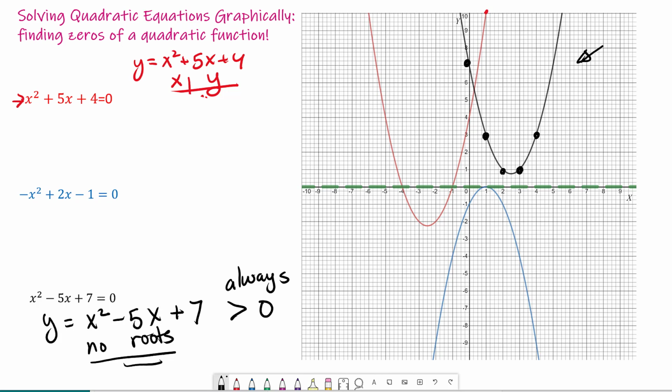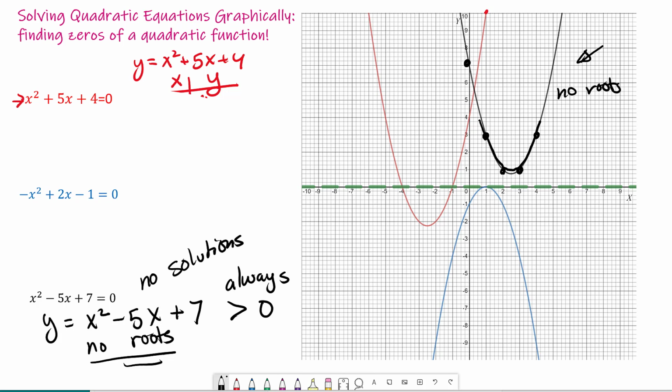And what we learn is that when we draw the curve, we can't get it to go below the x-axis or below the point where y equals 0. And so in this case, we have no roots, and our equation has no solutions.